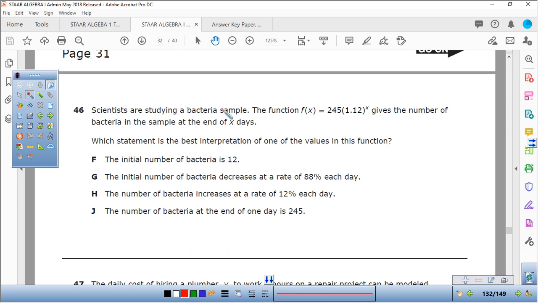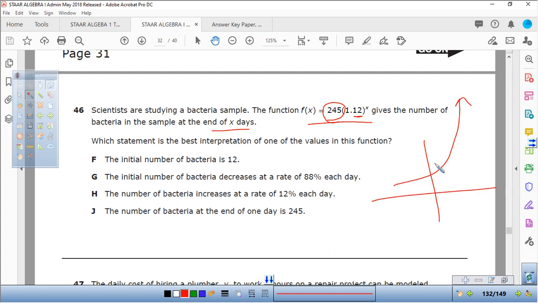Okay, so the statement about the bacteria sample. The function gives the number of bacteria in the sample at the end of x days. So this is a starting point, and it grows by that much, 0.12, and it's a growth. Okay. Initial is 12, wrong. Well, we want the best one. Initial bacteria, it decreases, no, it's an increase.